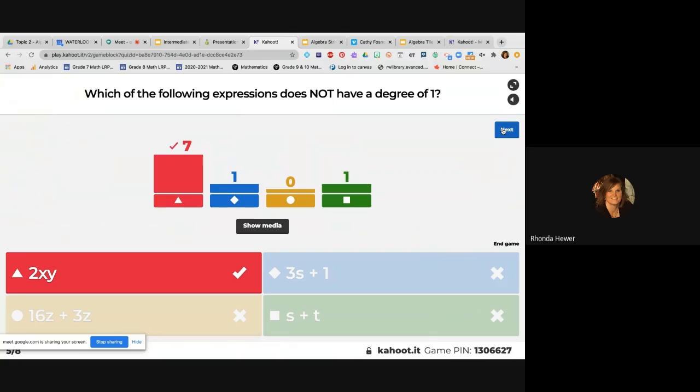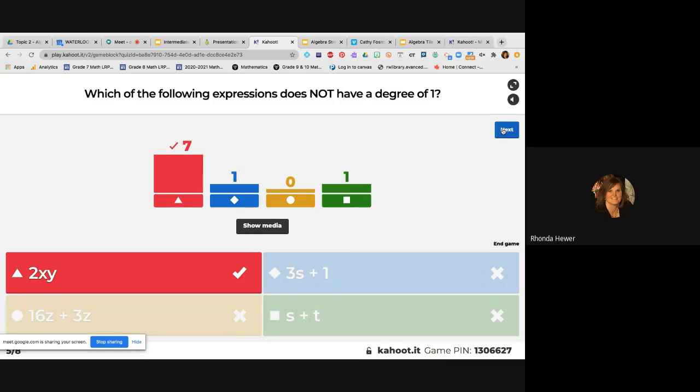When we are talking about the degree of an expression or an equation, if it only has 1 variable, then we are talking about the largest exponent in the expression connected to that variable. So all of the other ones only have an exponent of 1. Even this green, I was hoping I would get somebody with the green because it's s plus t. Because that s and t is not together in the same term, that expression only has a degree of 1 because the highest exponent for each variable is 1.